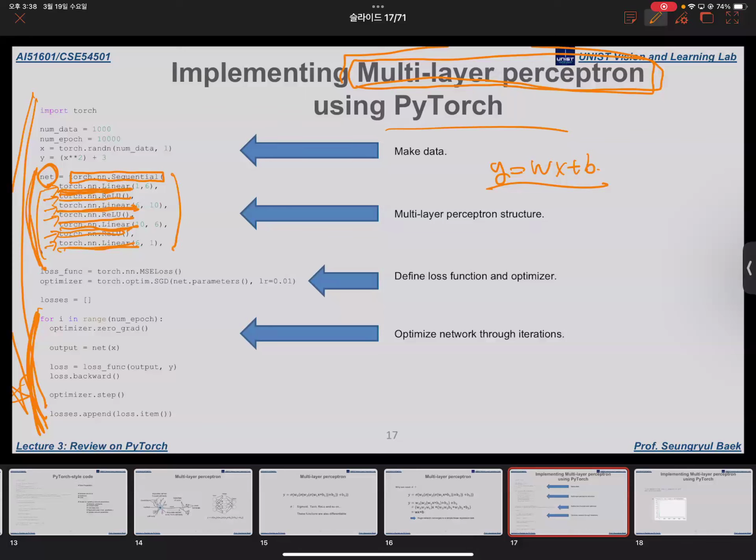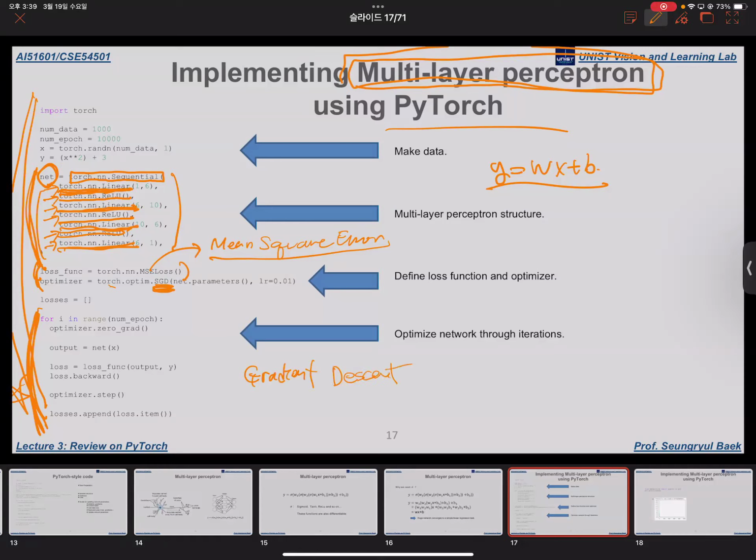So the thing you have to change is actually this net architecture, and for the loss function, we will use the same mean square error loss, actually the Euclidean distance between prediction and ground truth. And also we will use the same optimizer, the stochastic gradient descent algorithm. Okay, I will explain this SGD later, but you now know gradient descent.